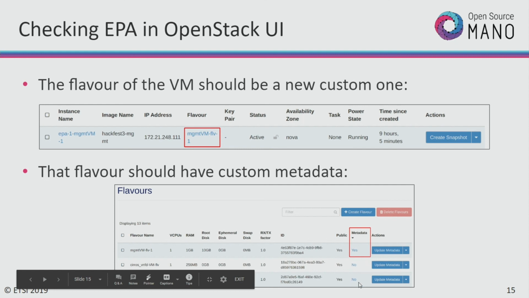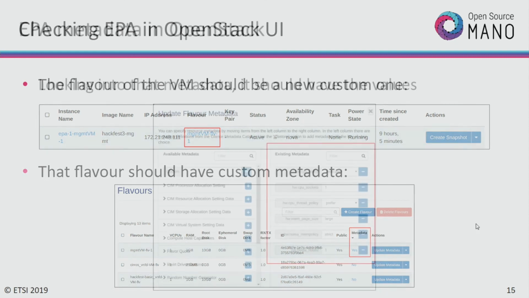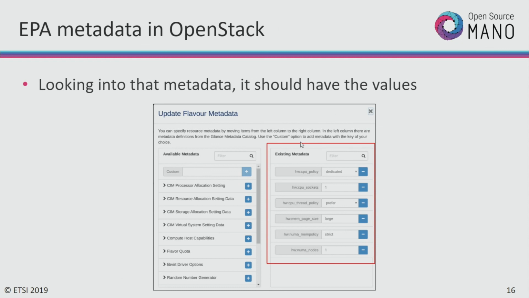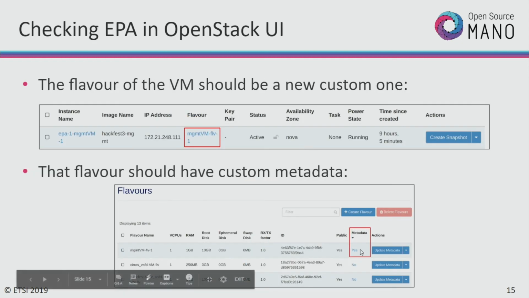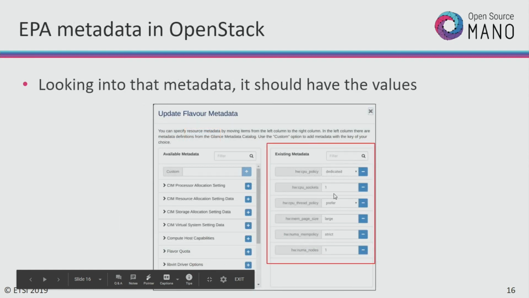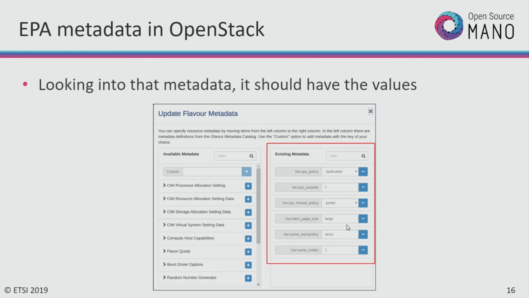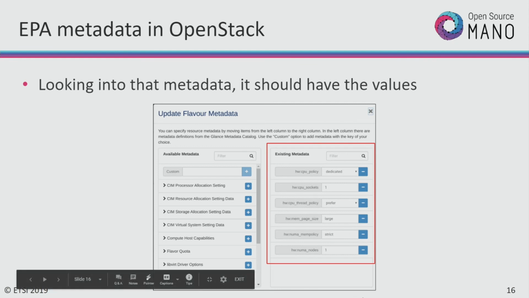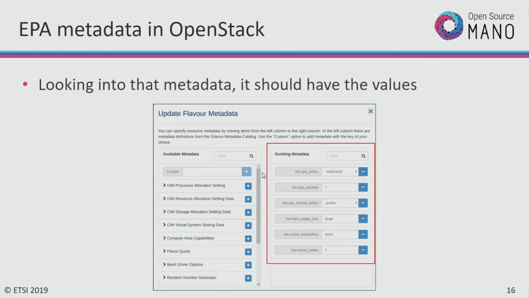In the rest of the flavors the field says no. And if we click on the metadata yes button, we see all of the things that were configured in the VNF descriptor. So all of the things that you specified for EPA in OSM, you can look at them by looking in the flavor of your VM created.